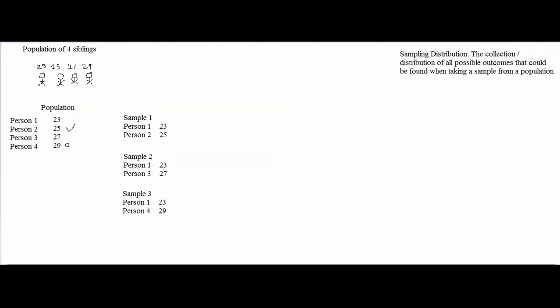And now let's pair person 2 with all of the people under person 2. Because remember, we paired person 1 with all of the people under person 1. So now we're going to move down to person 2 and pair person 2 with everyone under person 2. So the first one will be person 2 and person 3. That'll be sample 4.